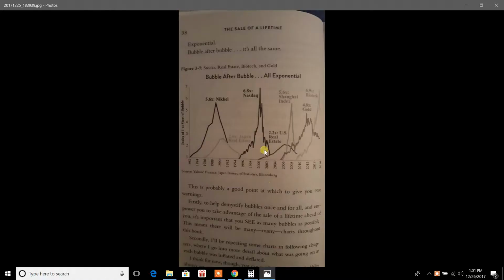Okay, so we're here looking at some charts from the book The Sale of a Lifetime, which is written by Harry S. Dent Jr. And before I get started here, the book really is about cycles. All right, and he explains it very well in this book. He says a good example of a cycle would be like the sun rising in the morning and then setting in the evening.